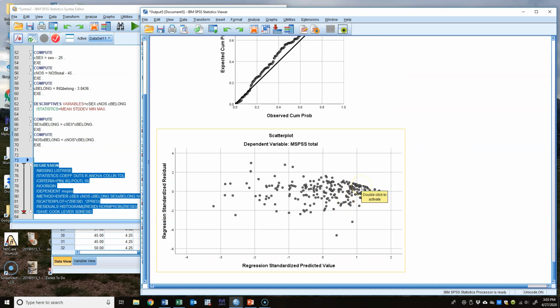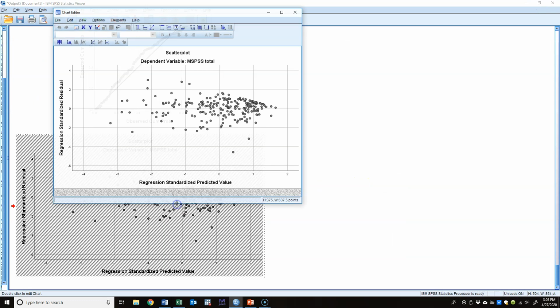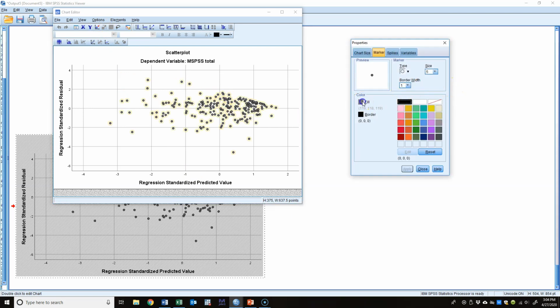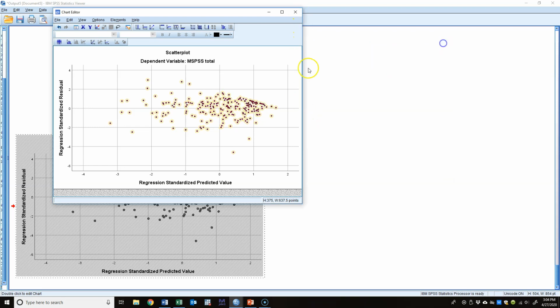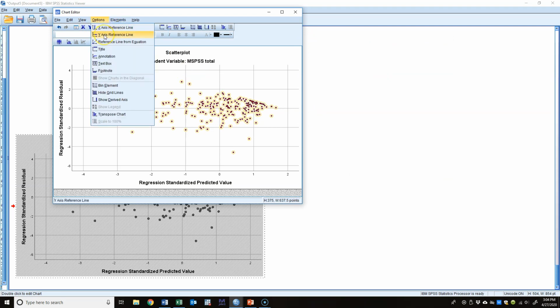If I take a look at my residuals here, one of the things that I like to do is go through and, well, I just don't like those big dots. So I'm going to fill those up with something different and make them smaller. I think it lets me see better here. Then I'm going to add a y-axis reference line.